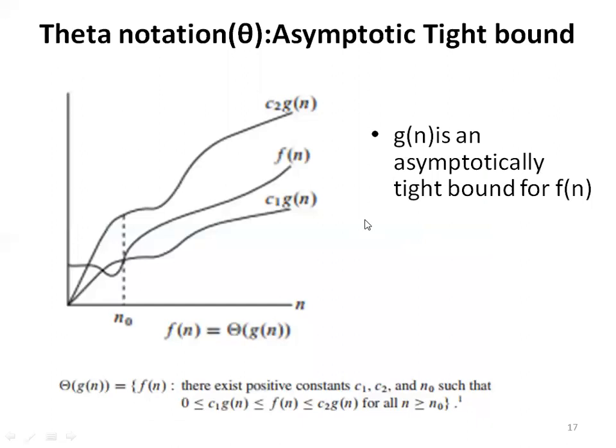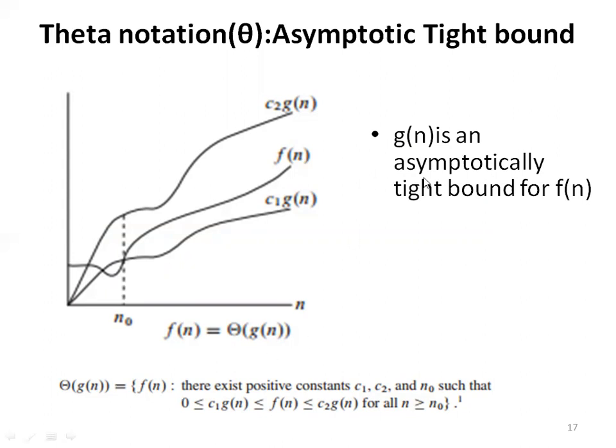Then the third one is theta notation, and it is the asymptotic tight bound. Asymptotic tight bound means the function f(n) is bounded from the upper end and from the lower end. Both ends it is bounded. That's why it is known as tight bound.